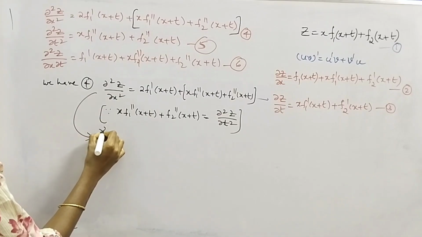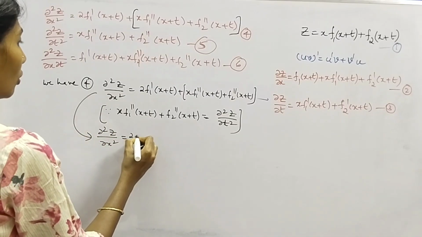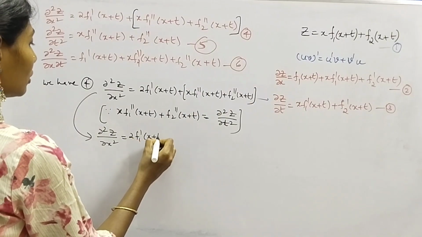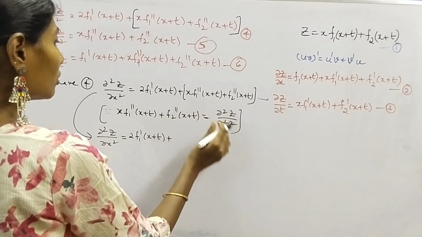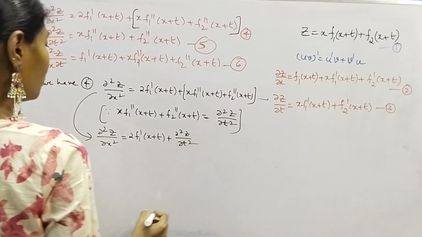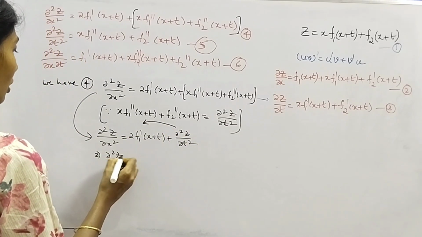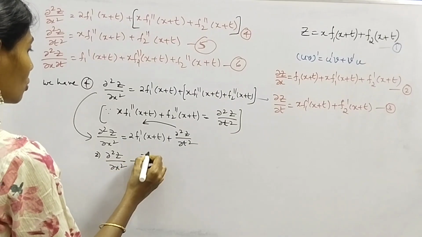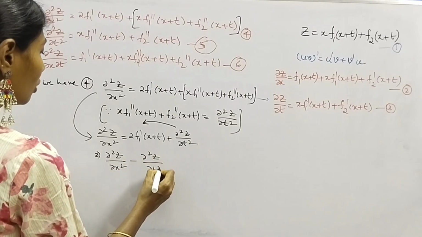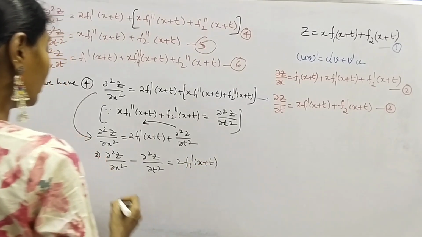And this becomes ∂²z/∂x² = 2 f1'(x+t) plus, just replace this using ∂²z/∂t², right? Now bring this term to LHS. This becomes ∂²z/∂x² minus ∂²z/∂t² equals 2 f1'(x+t), right?